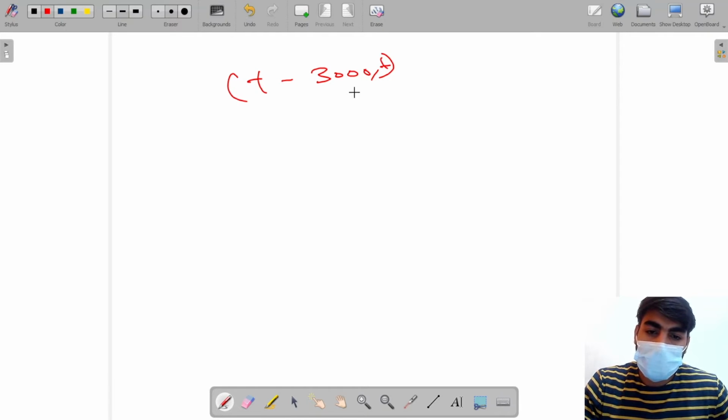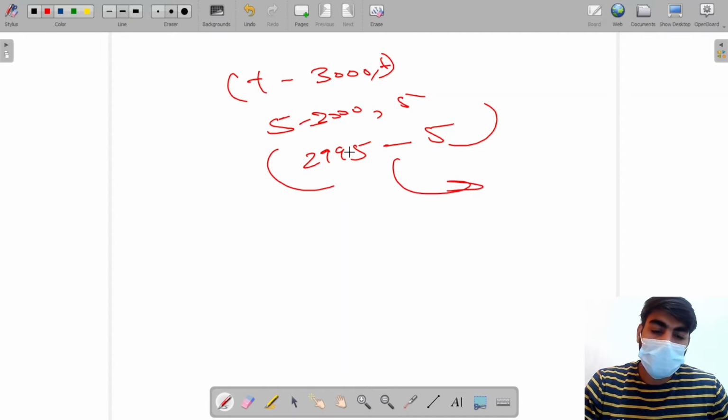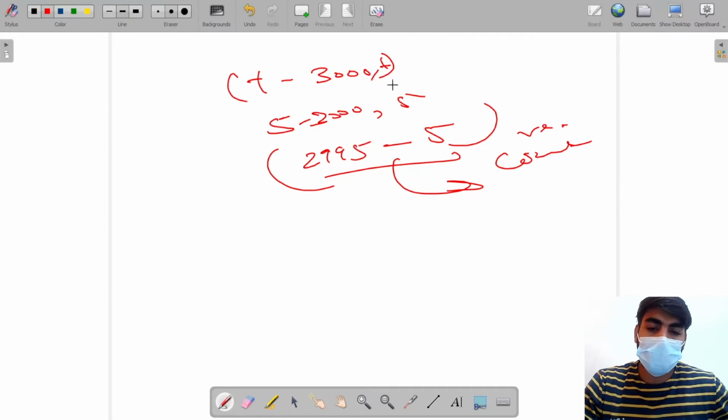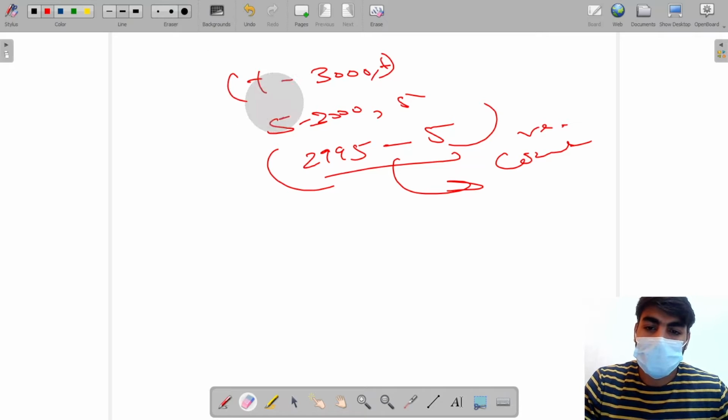So if we have 5 minus 3000 and 5, so if we subtract this, 2995 to 5. So between this time interval, how many requests come? It counts the requests and returns them.